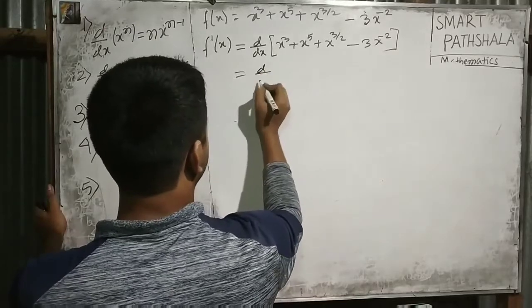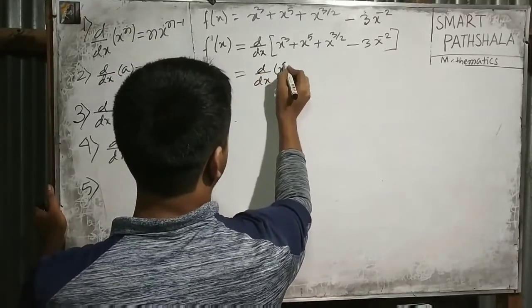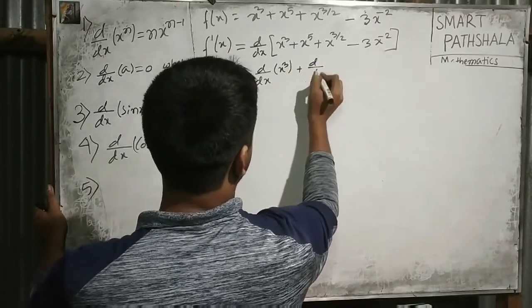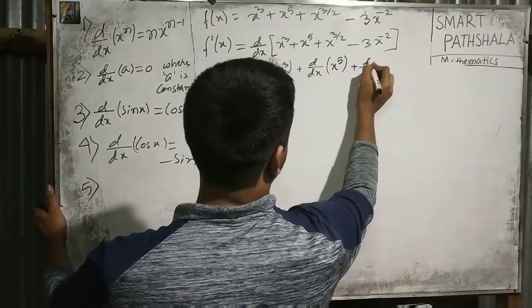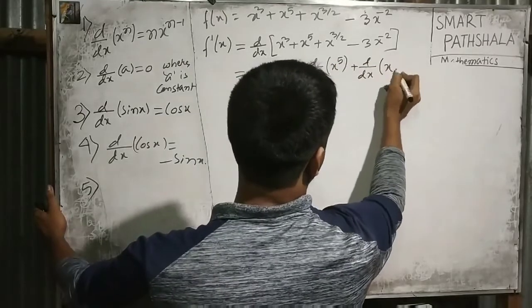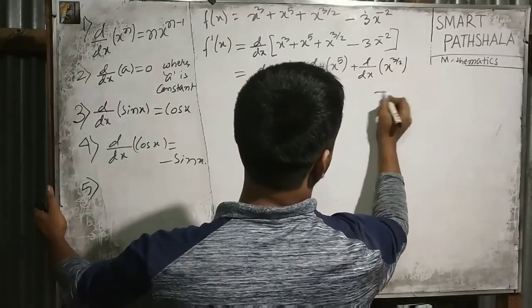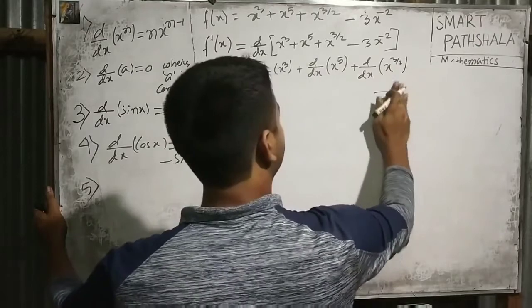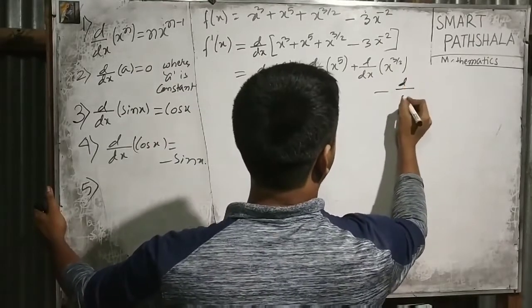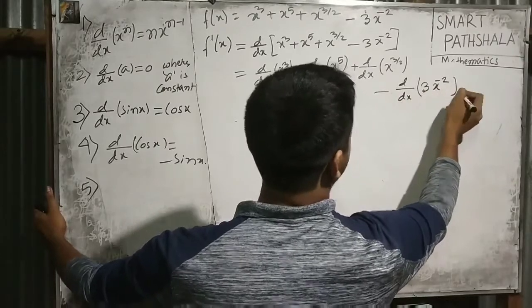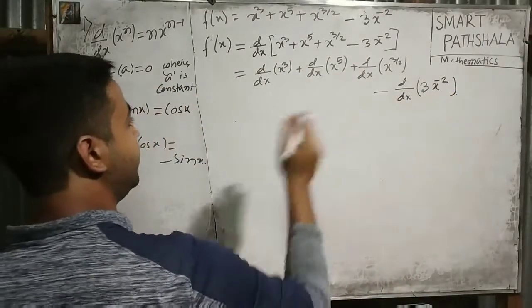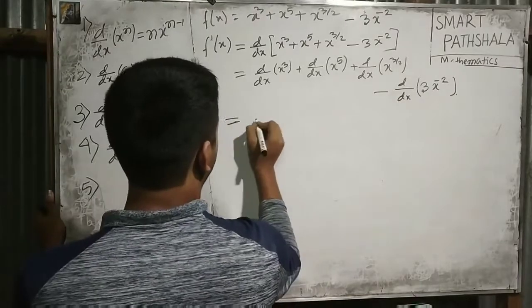That means it is associative. d dx of x cubed plus d dx of x to the power 5 you can write, and then you can write d dx of x to the power 3 by 2, and then minus 3. Now remember, whenever there is a constant in multiplied form with some variable, then we bring this constant out of the differentiation.